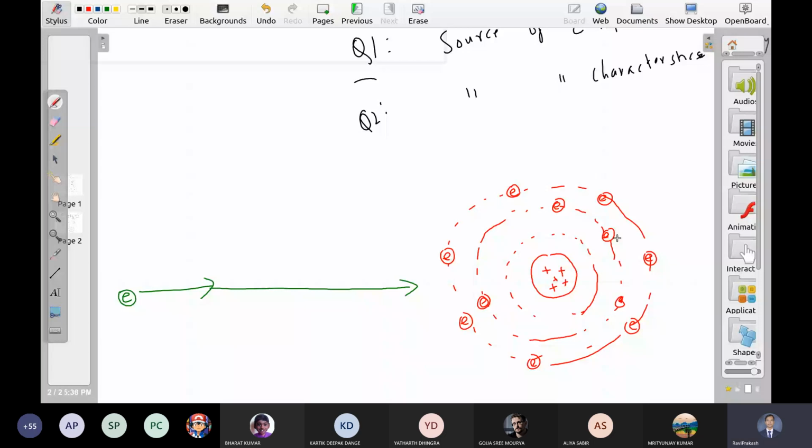But at the same time, they are also getting some force from this cloud. इस cloud से इनको बाहर की तरफ में force भी लगता है, right? So what will happen in this process? क्या होगा? They will enter into this cloud, but their speed will decrease. जैसे जैसे क्लाउड में अंदर बढ़ते जाएंगे, इनका स्पीड कम होगा. Okay. और you can say that this high speed electrons decelerate in the electron cloud.